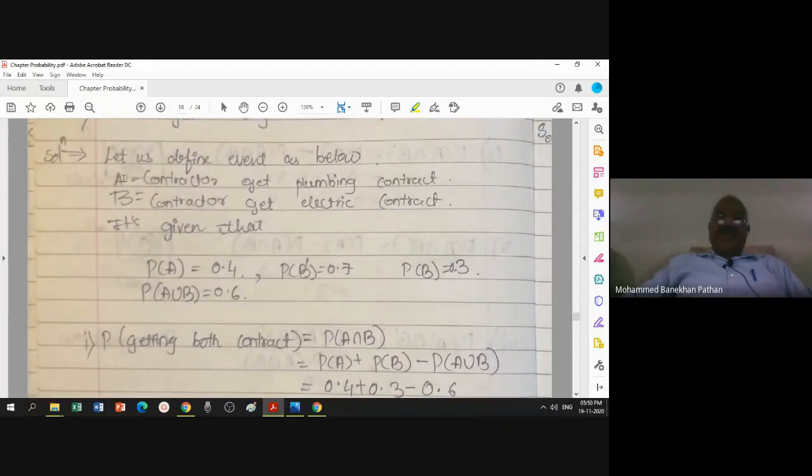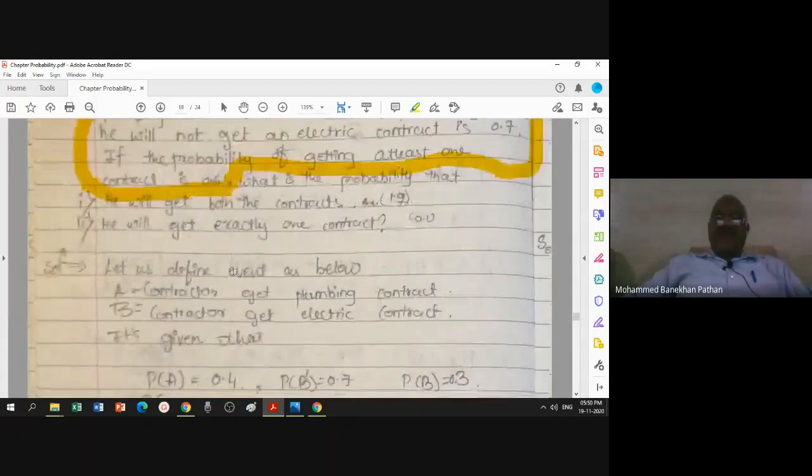A, contractor gets plumbing contract. B, contractor gets electric contract. Now I will write the given information by notation. Chance of getting plumbing contract 0.4 is given here.